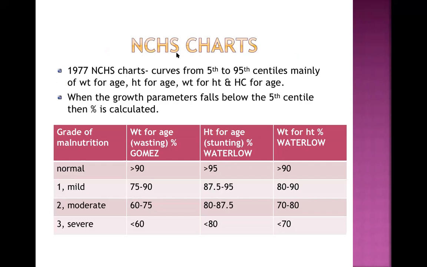These are called the 1977 NCHS chart, because this was devised way back in 1977. This NCHS chart has different curves which range from 5th percentile to 95th percentile. Now let me show you what you mean by this percentile line or percentile chart. Then I'll come back to this slide again.